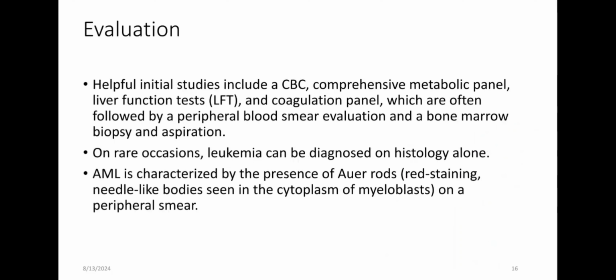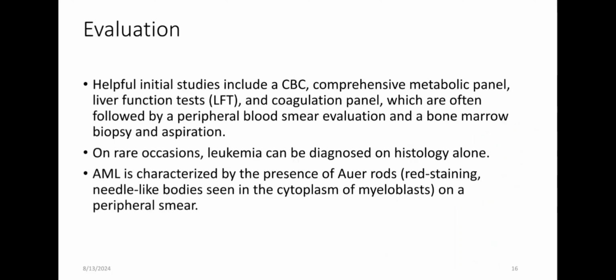Evaluation. The workup of leukemia is very involved, so multiple tests are needed to confirm a diagnosis and subsequently to stage the disease. For initial studies, we can begin with a complete blood count, comprehensive metabolic panel, liver function tests, and coagulation panel, which are often followed by peripheral blood smear evaluation and a bone marrow biopsy and aspiration.